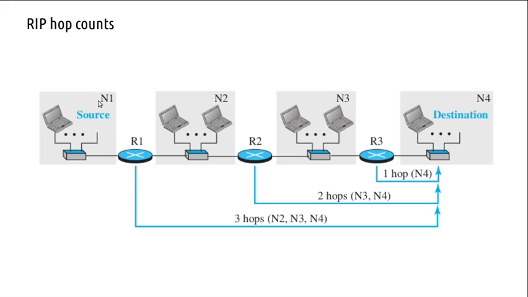So to reach from network N1 to network N4, the hops required are 1, 2 and 3, that is N1 to N2, then N2 to N3 and N3 to N4. These 3 hops are required. So this is how you specify the hops.